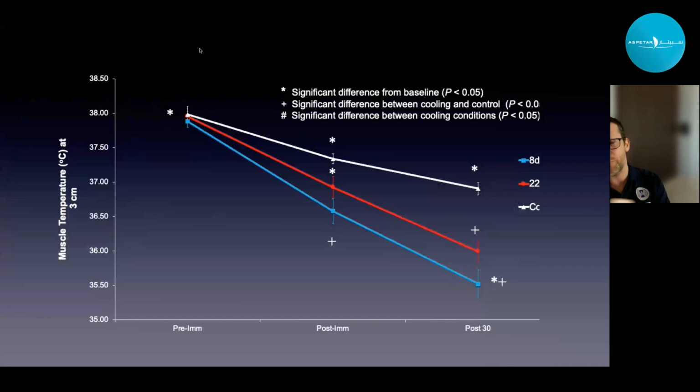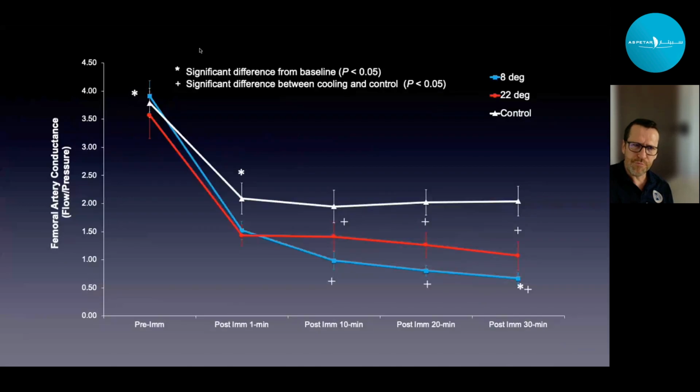The heat is being drawn out of the muscle, which explains why we're seeing a big drop in deep muscle temperature. So this is really important, and we'll come back to this. But the message here is if you really want to accelerate your muscle temperature drop, keep the legs wet and keep them cool for as long as you possibly can.